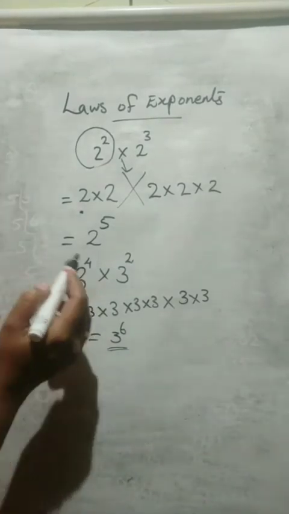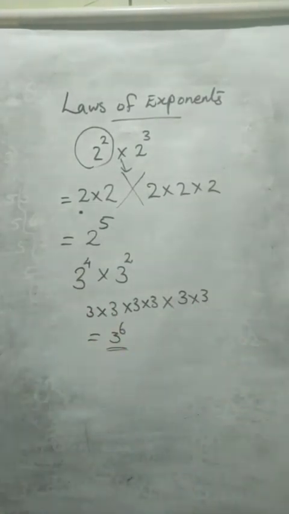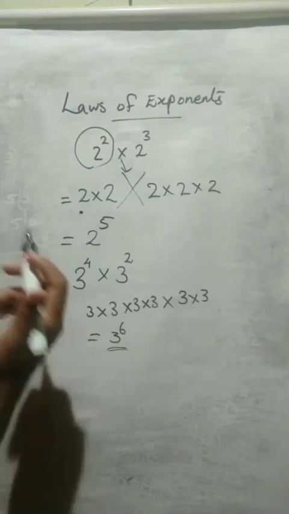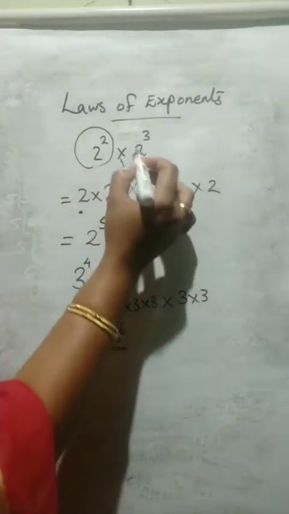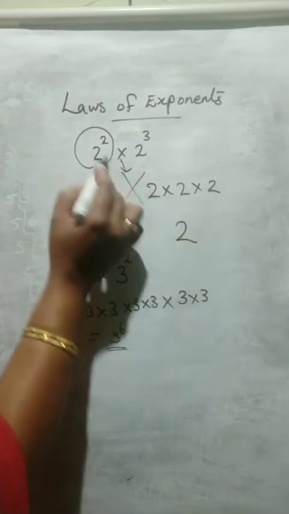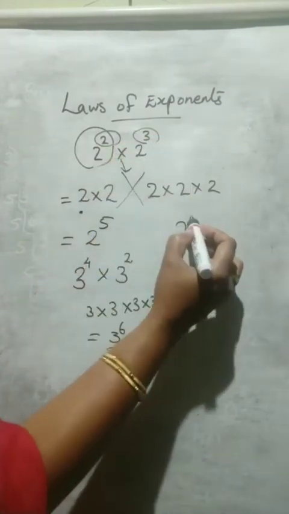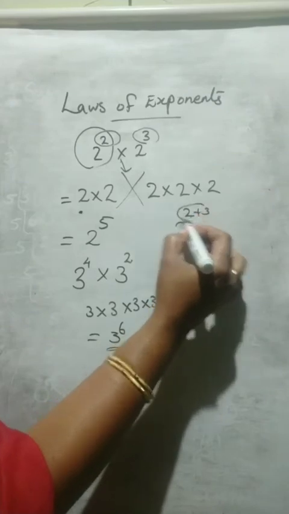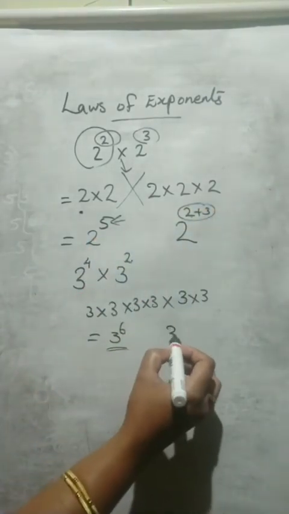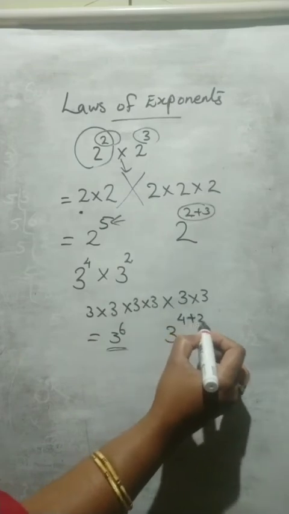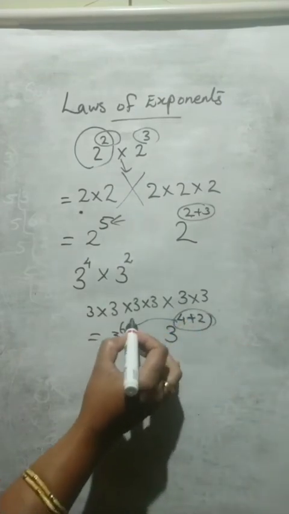If it is 100 or 1000, can we write that many times? There is one law. Here 2 raised to 2 plus 3, 2 plus 3 is equal to 5. Here 3 raised to 4 plus 2 is equal to 6.